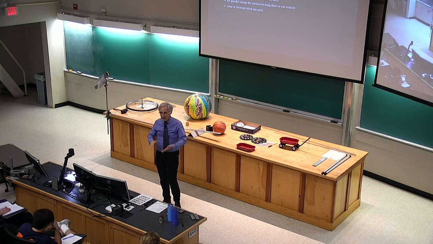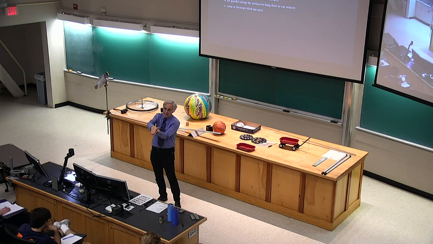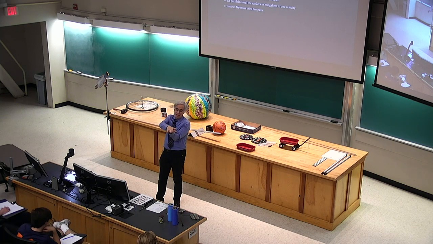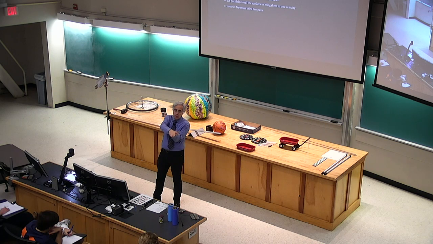And what it's really doing, first of all, friction generically is the name for the forces that act on 2 surfaces that are moving across one another. So they're in relative motion.